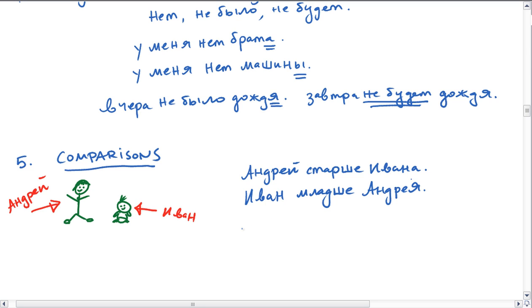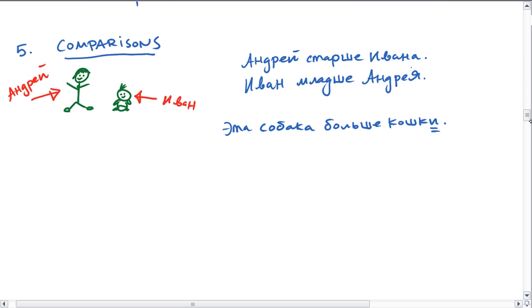Or if we had a cat and a dog and we were comparing them, we could say это собака больше кошки. So the dog is bigger than the cat. So you use the genitive case when you're making comparisons.